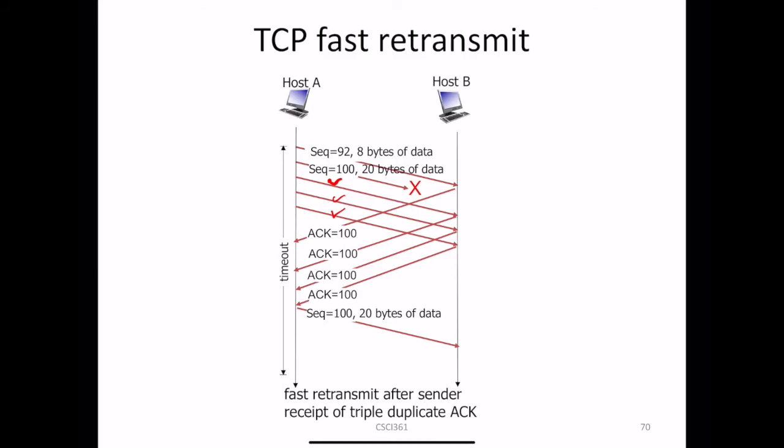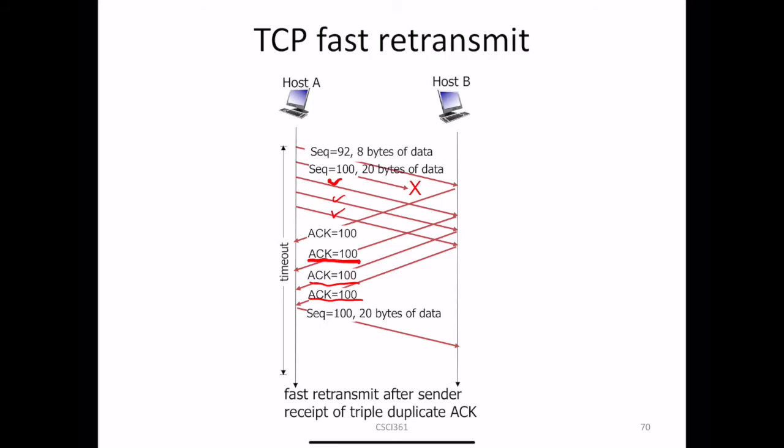Therefore, when host B receives these out of order segments, host B will transmit duplicate ACKs, which is ACK 100, ACK 100, to host A to notify host A that segment 100 is already lost.